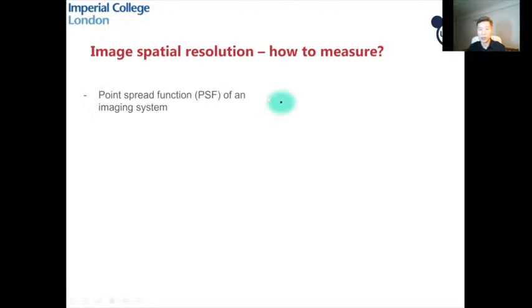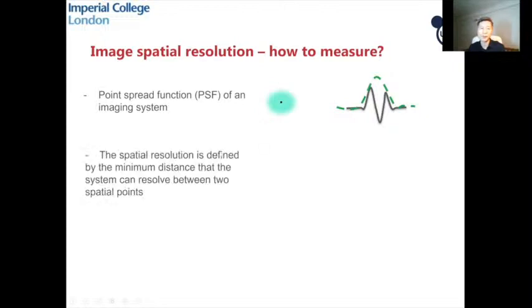The image will always be blurred. This is your point spread function. And we know in ultrasound imaging, we have the radio frequency waves, and when you get the envelope, this is one dimension of this 2D point spread function.